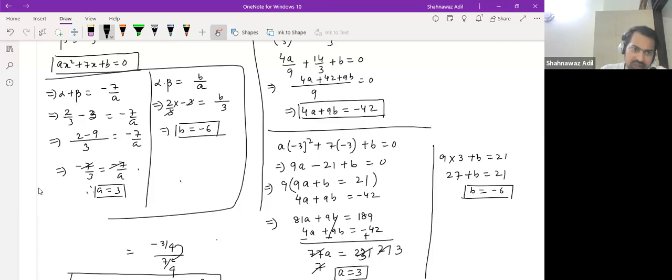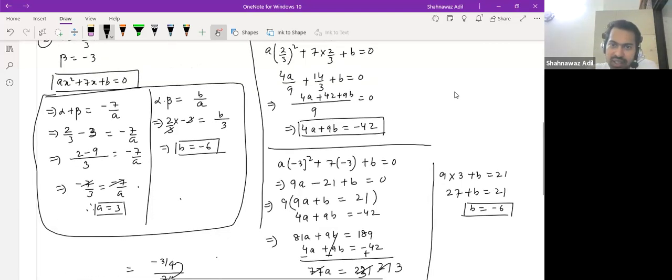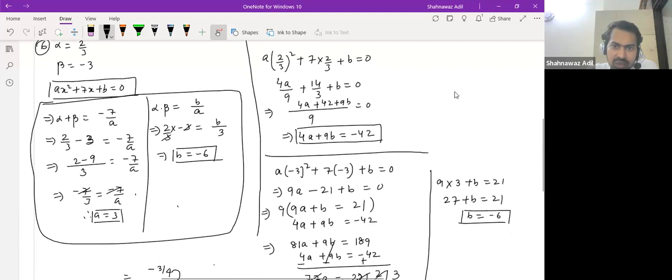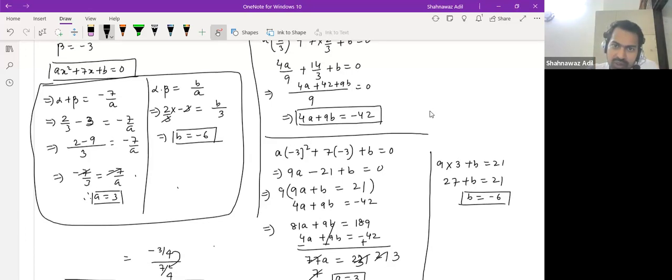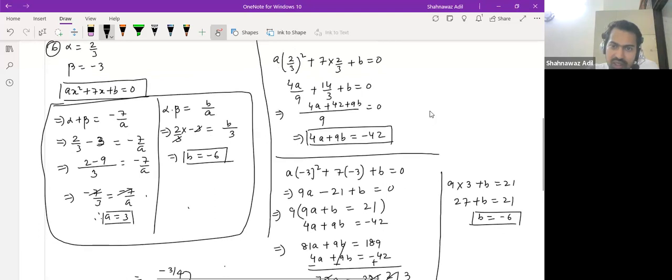Good. So Hashid, which method did you use? First method. Yeah. So is this clear, both the methods, Amira and Amar? Yes, sir. Good. So you guys quickly note it down, and then we will do the next question.